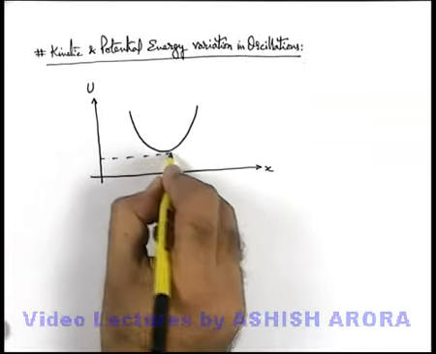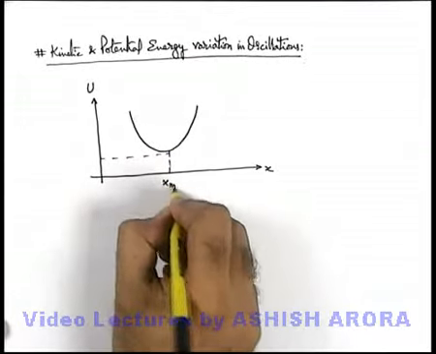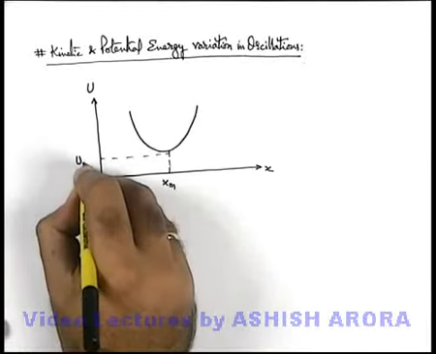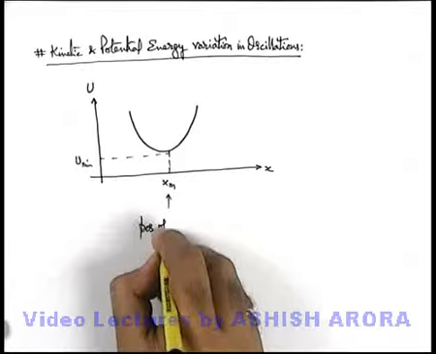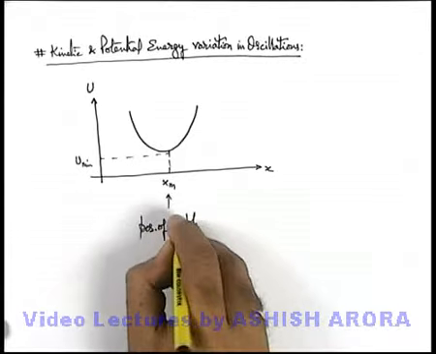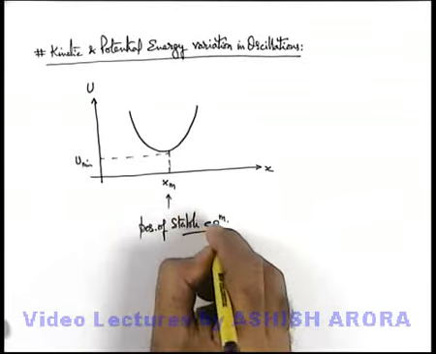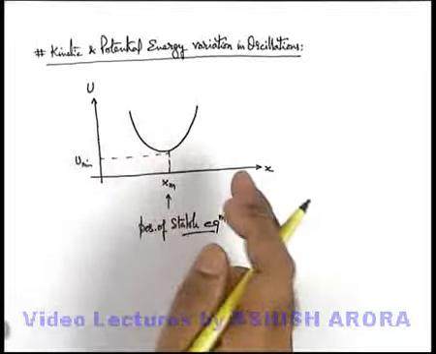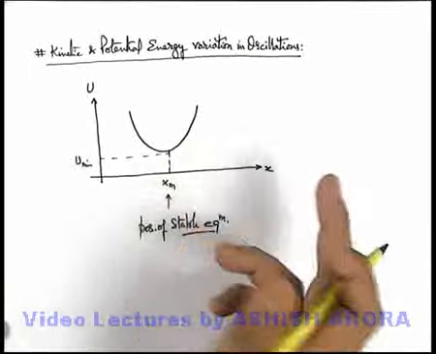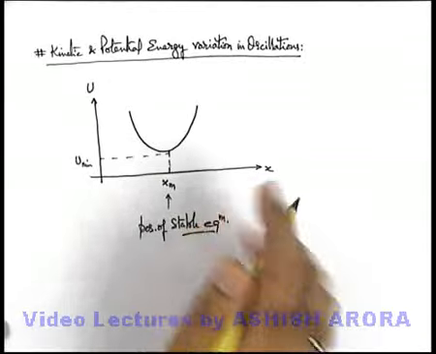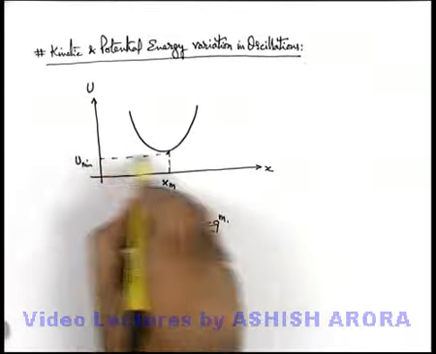And we know the position xm, where potential energy is minimum, we define as the position of stable equilibrium. In this curve, which is approximately U-shaped, not necessarily a parabola, it could have a different equation also, this is the point where potential energy is minimum.